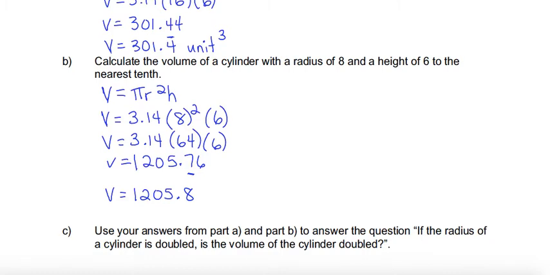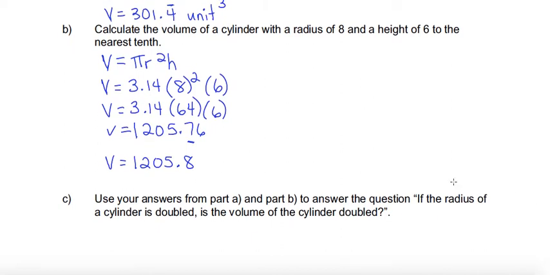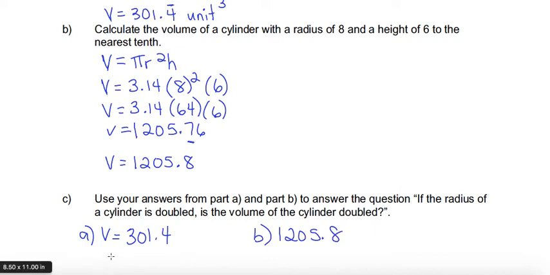So let's take a look at those values. So in part A, our volume was 301 and 4 tenths. In part B, our volume was 1,205 and 8 tenths. In part A, our radius was 4. In part B, our radius was 8. So we doubled or multiplied our radius by 2.